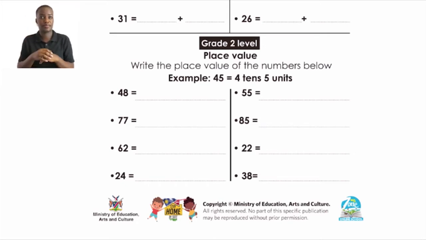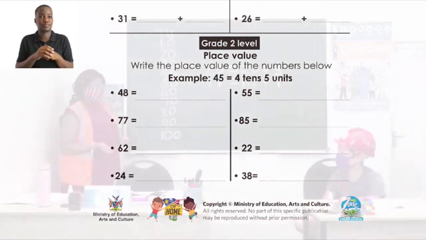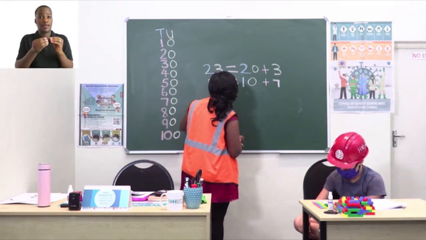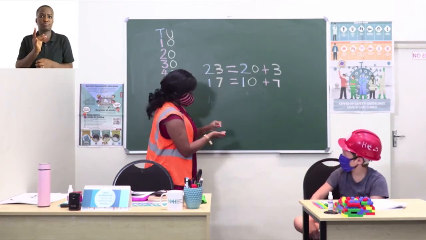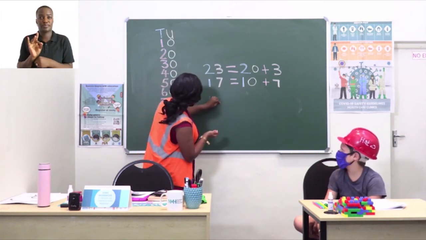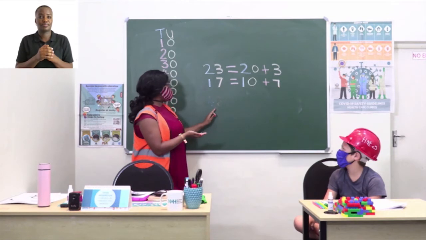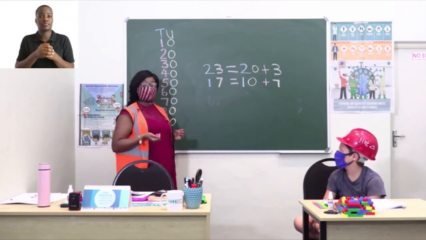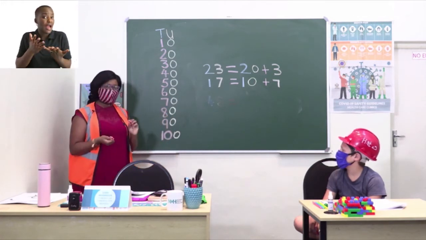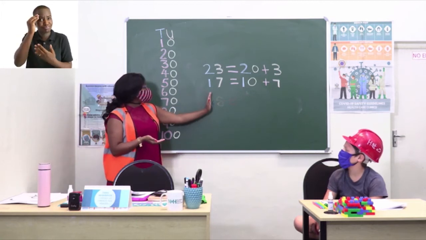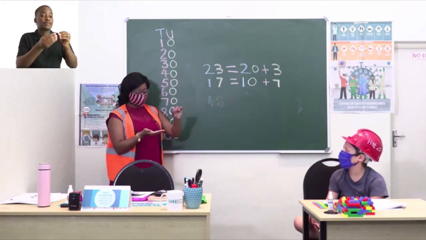Now we are going to try number 1 together. Let's take a look at the board. We have the number 48. So I will write my 4 and I will write my 8. So it now says 48 is equal to, and how do we come up with the tens and units? Remember, I said that the first digit is a 10.